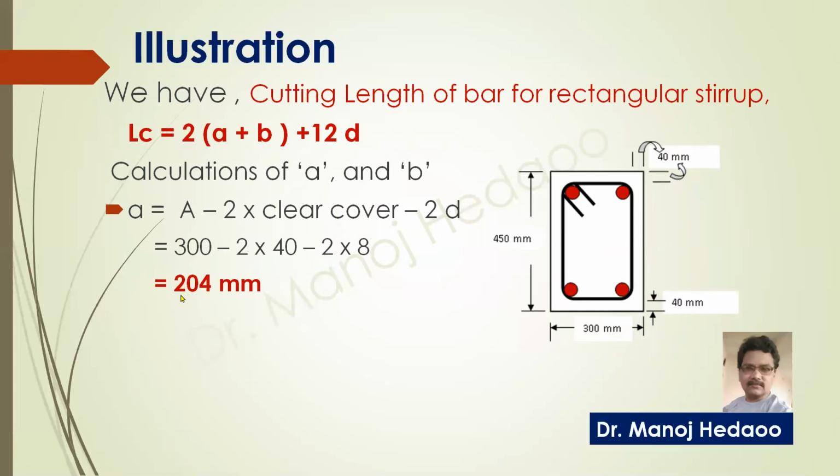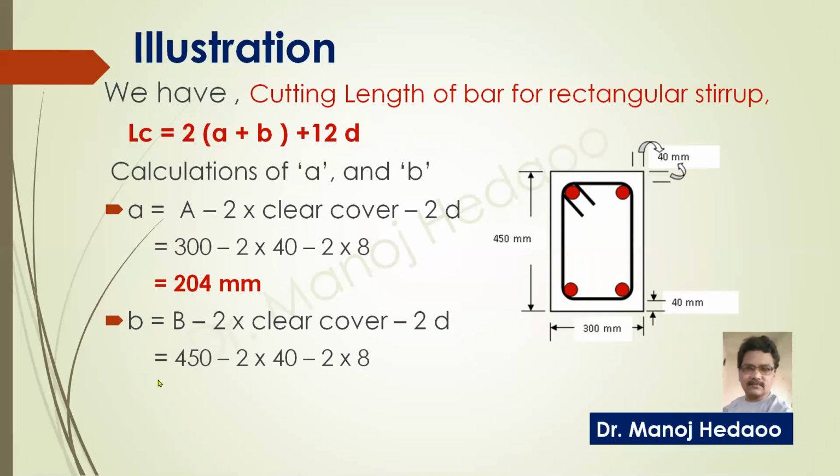It comes out to be 204 mm. Similarly B, small b, is capital B minus 2 times clear cover minus 2D. Substituting values, 450 minus 2 into 40 minus 2 into 8. It comes out to be 354 mm.